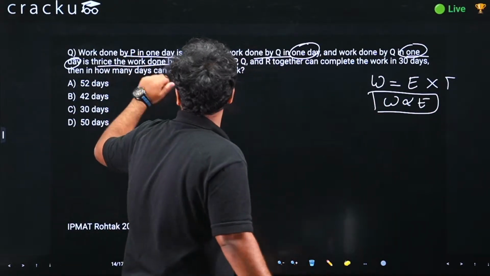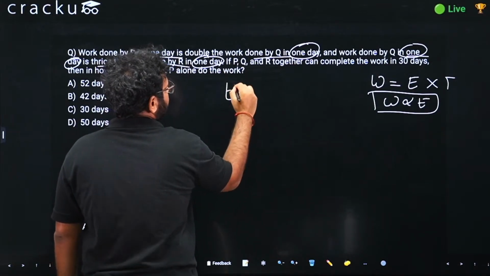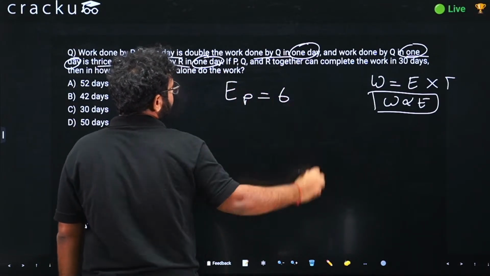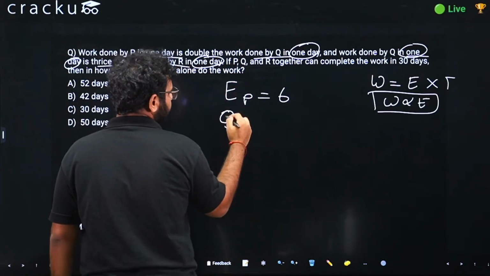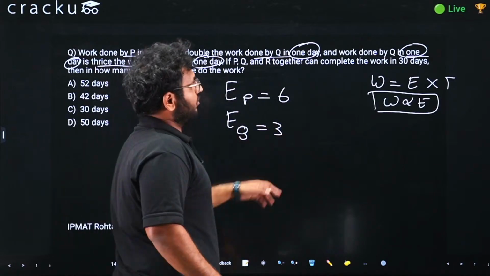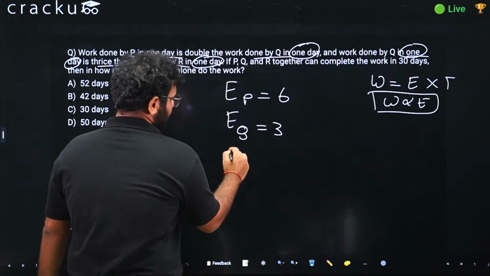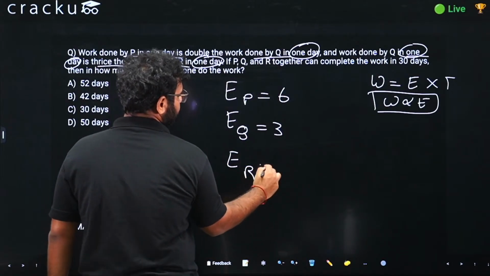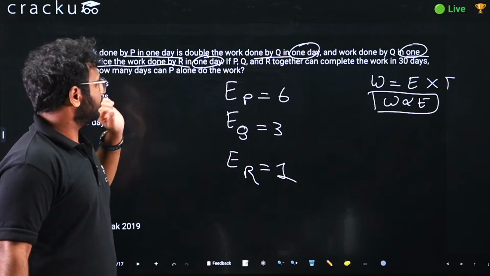So let us assume the efficiency of P to be equal to 6. The efficiency of Q would be 3. And now the work done by Q in one day is thrice the work done by R, so the efficiency of R would be equal to 1. Okay, so you got this.